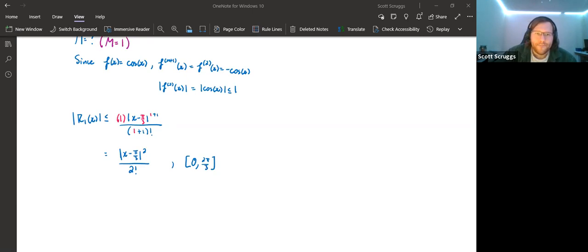Now, when we're estimating the remainder, I'm not done here. And that's because I'm not given a fixed number anymore. I still have that x I have to worry about, which could be anything so long as I plug in a number in that interval. So we need to get around that.